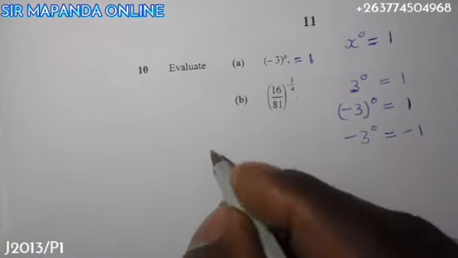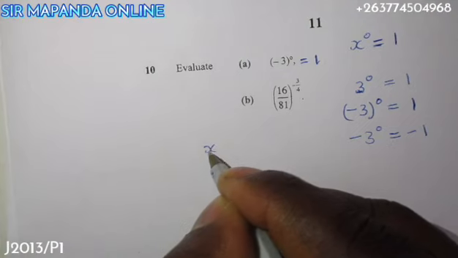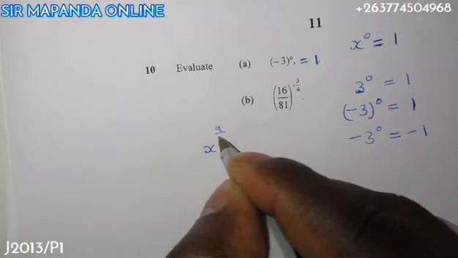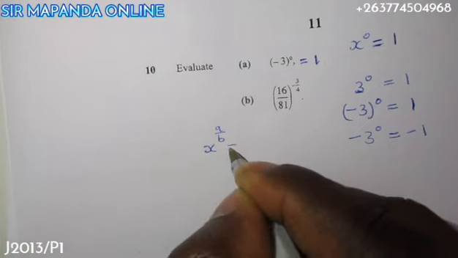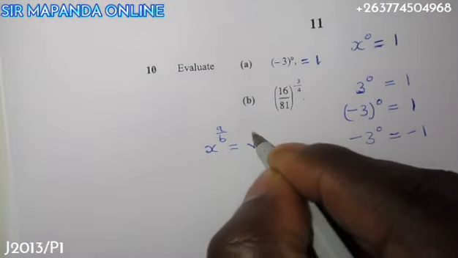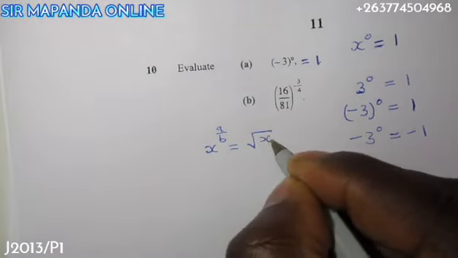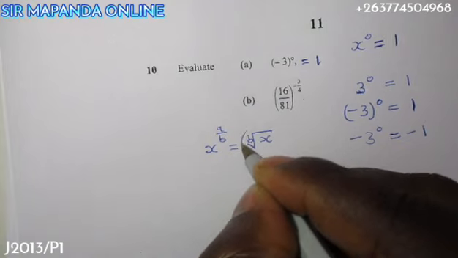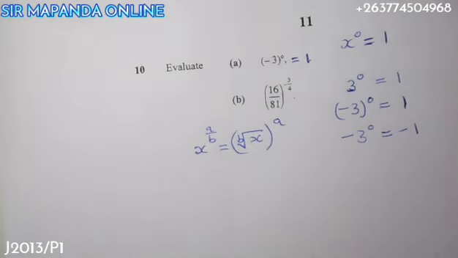From the fractional indices law, we mentioned earlier that if the power is a fraction, there is a root sign. You put your root sign, you put x inside the root sign, b at the corner, then raise everything with a. I hope you are following.